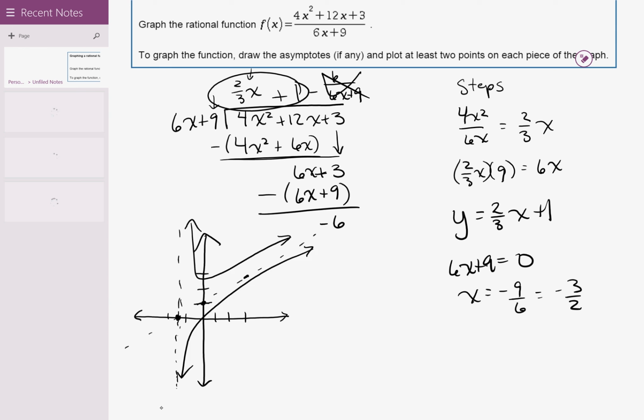That would fail the vertical line test. So really, all I need to know is which one of those two pieces I have on each side of the vertical asymptote. So I'm going to let x equals 0, and f of 0 is equal to 1/3.